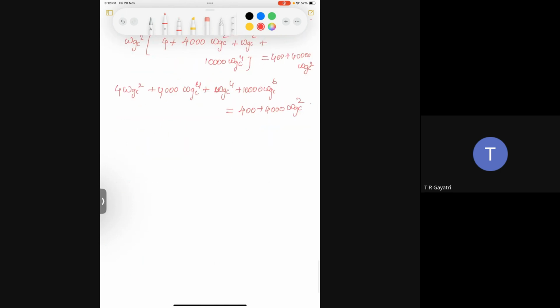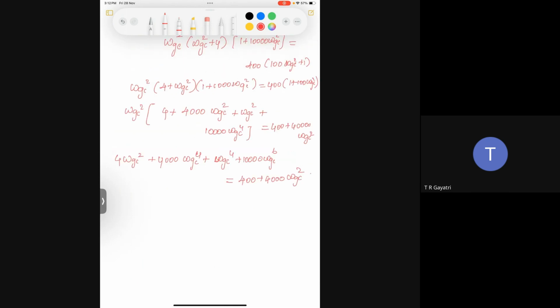Cubic equation. This will be omega GC power 6 plus 4,001 minus 3,996 minus 400 equal to 0.